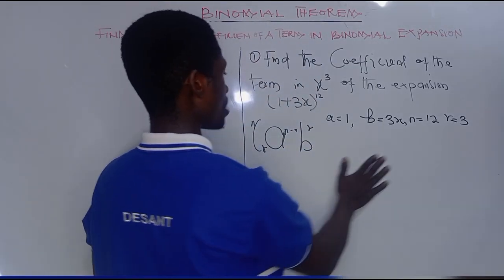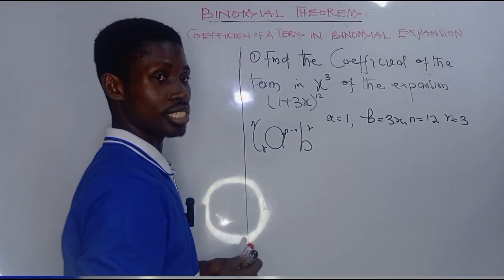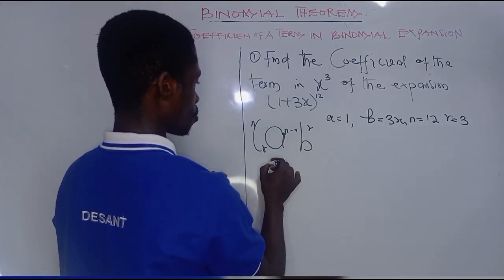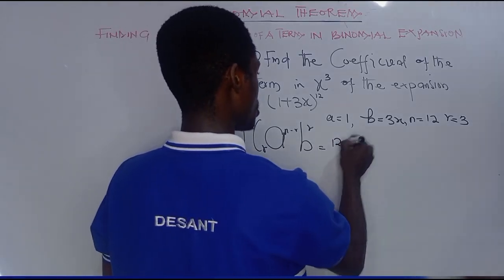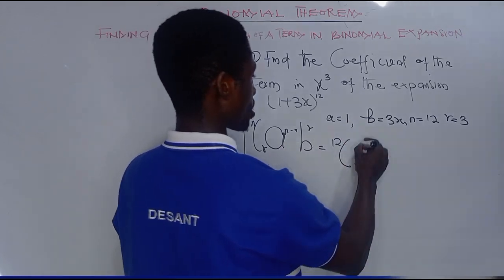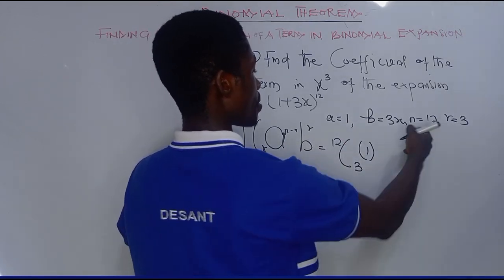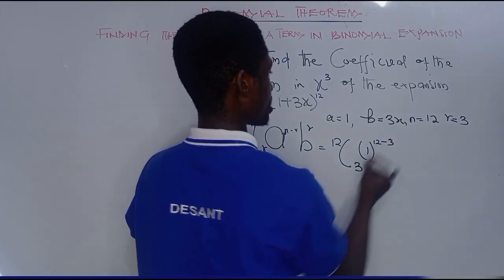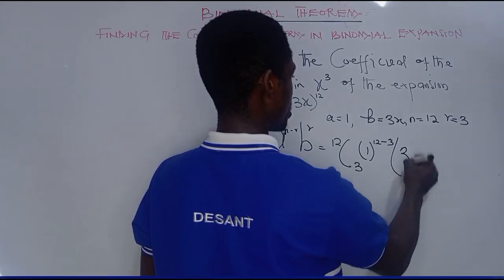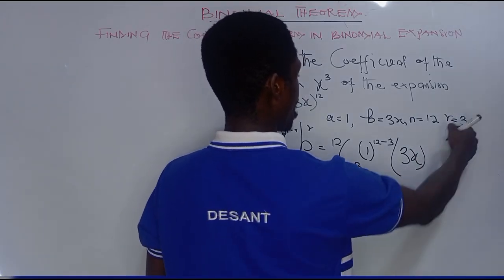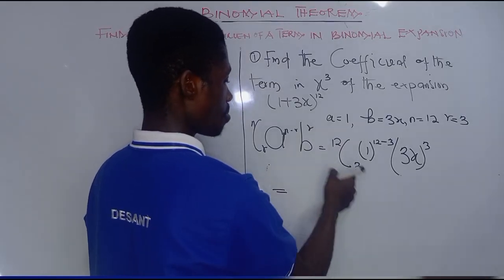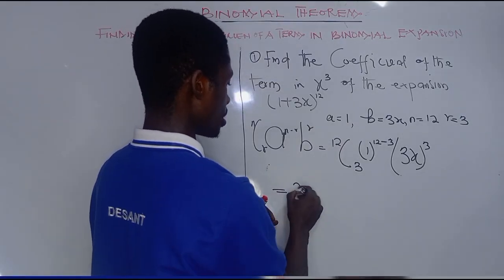Now that we have this, we are just going to substitute it into the formula. So we have 12 combination 3. Our a is 1, so we have 1 raised to the power 12 minus 3. Our b is 3x, so we have 3x raised to the power r, and r is 3. 12 combination 3 will give you 220.